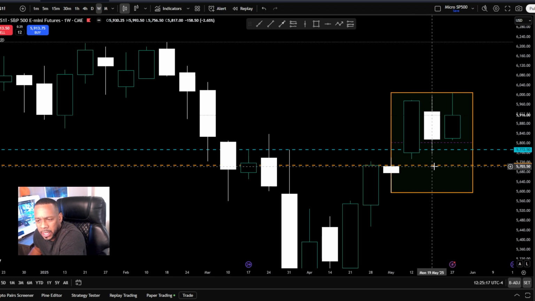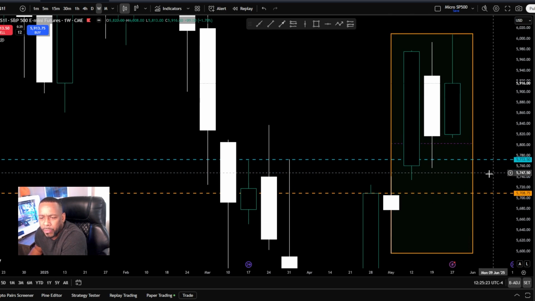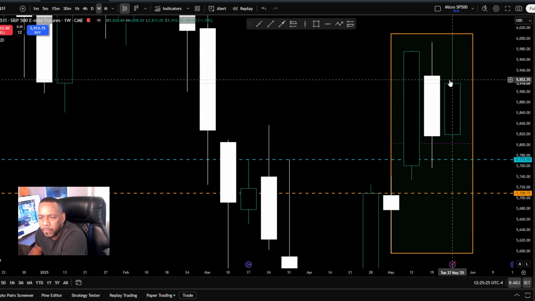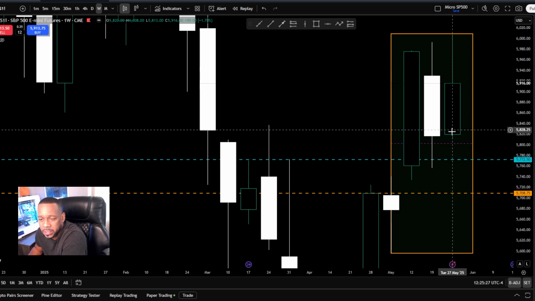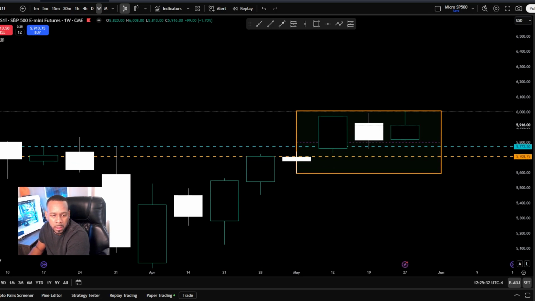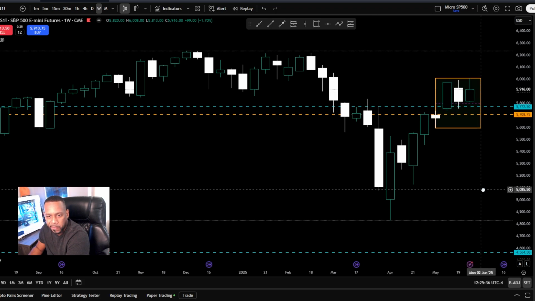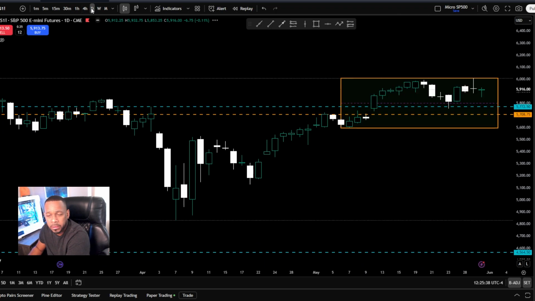The daily gap. So everything is showing that price could potentially come from up here down into this area. That's all I see right now.